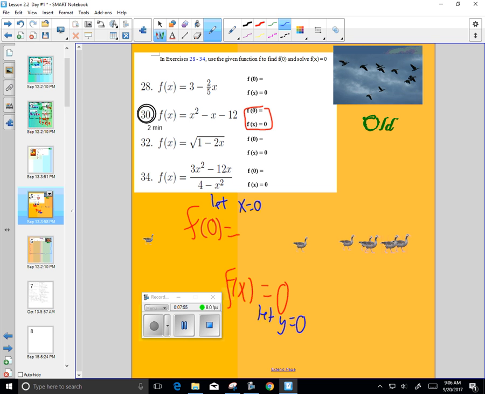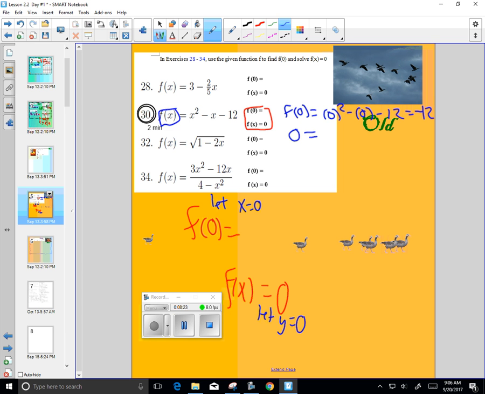So when I do f of 0, what's f of 0 going to be? Two answers or one answer? Well, if you put a 0 in for x, you get 0 squared minus 0 minus 12. You get negative 12. So this is the one where you let y equals 0.